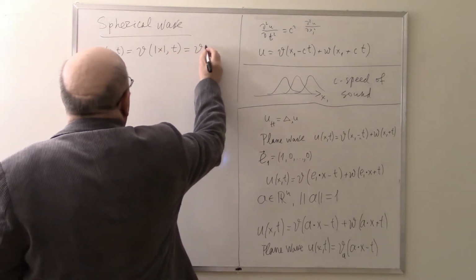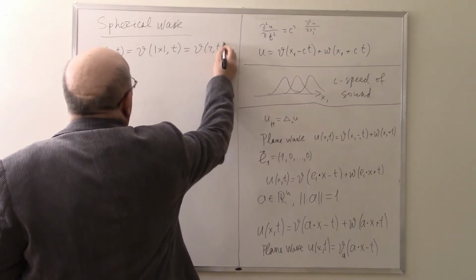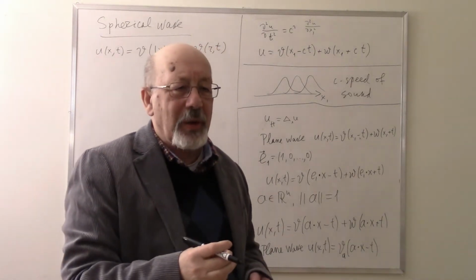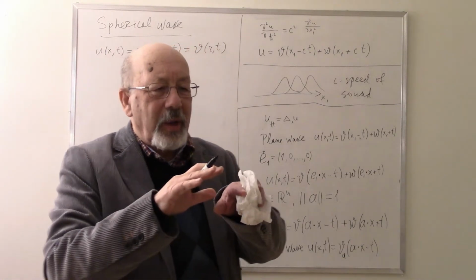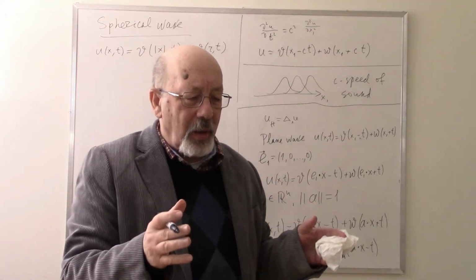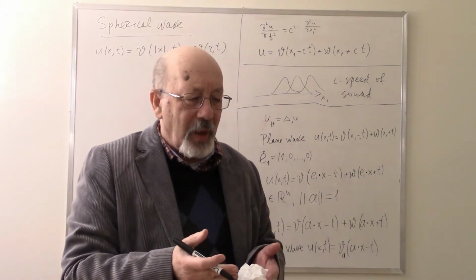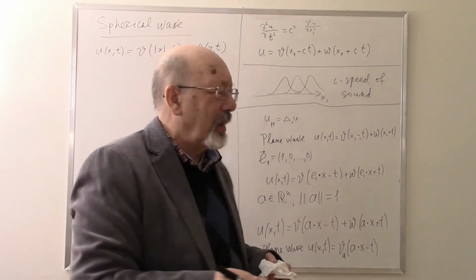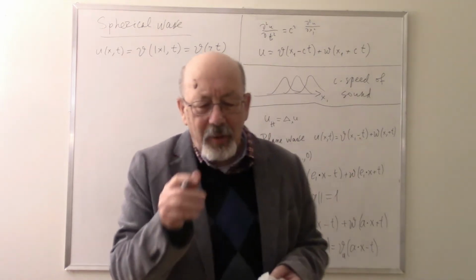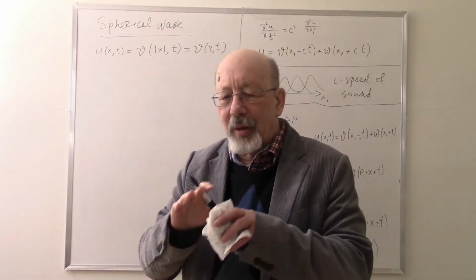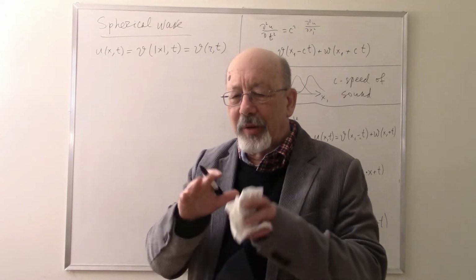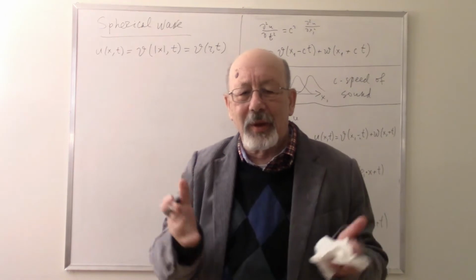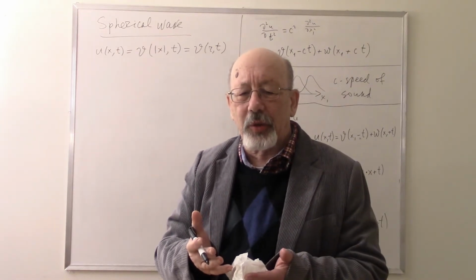Let me write v of r,t. r is the distance from the point x to the origin. So at any t, every sphere is a level surface of this solution, because for any t on the sphere the absolute value of x, or r, is constant. So the solution is constant.